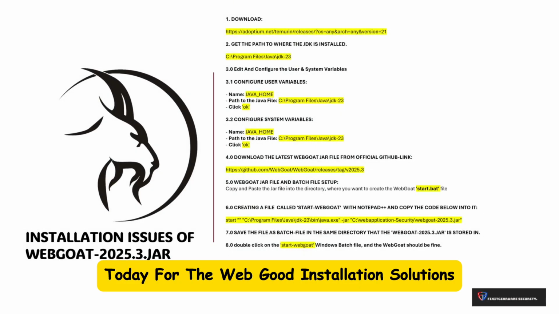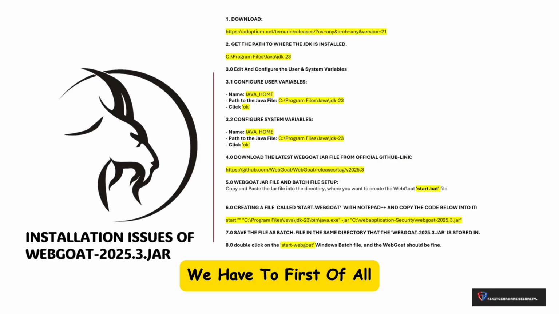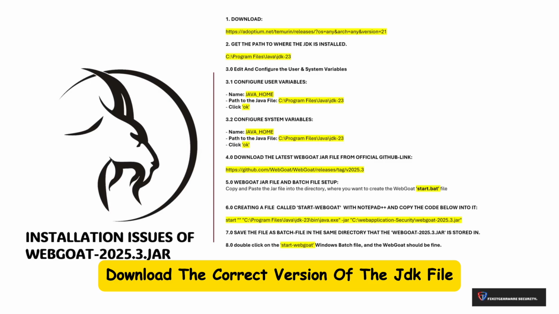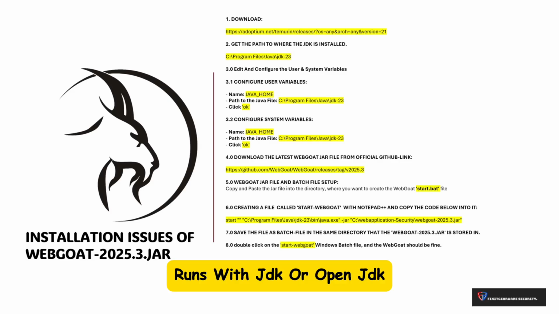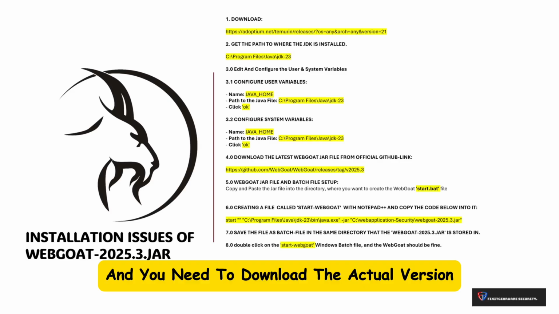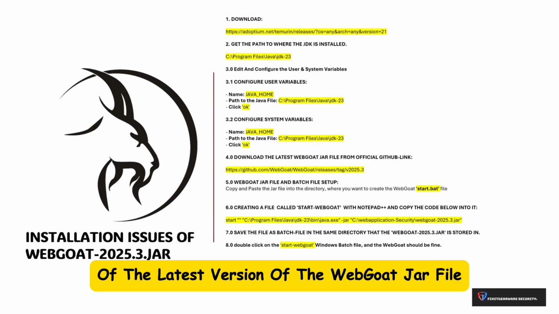So today for the WebGoat installation solutions, we'll be running an 8-step series. So this 8-step series involves, one, we have to first of all download the correct version of the JDK file, because this current version of WebGoat runs with JDK or OpenJDK, and you need to download the actual version that can support the latest version of the WebGoat jar file.